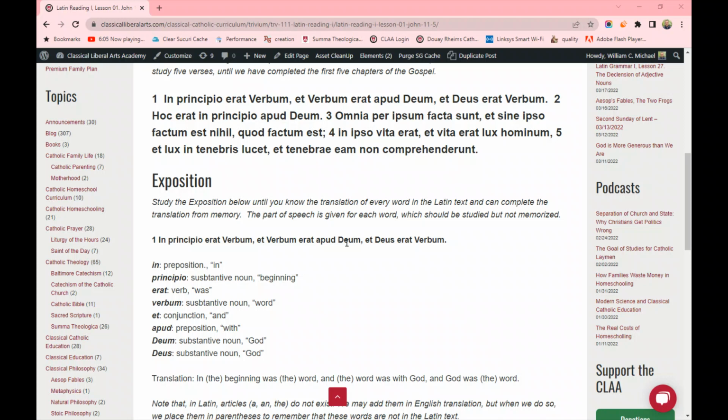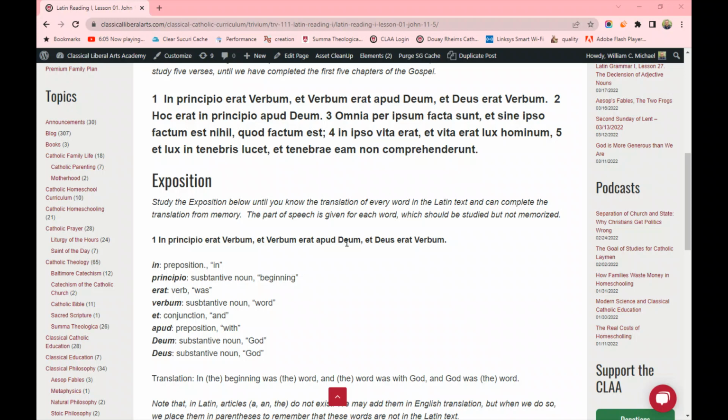We'd like to identify the parts of speech for every word. Okay? We want to identify the parts of speech. And so we're going to start and go slowly, and then over time, this will get faster and faster. So when we look at the very first word in our translation, we have in principio, erat, verbum.